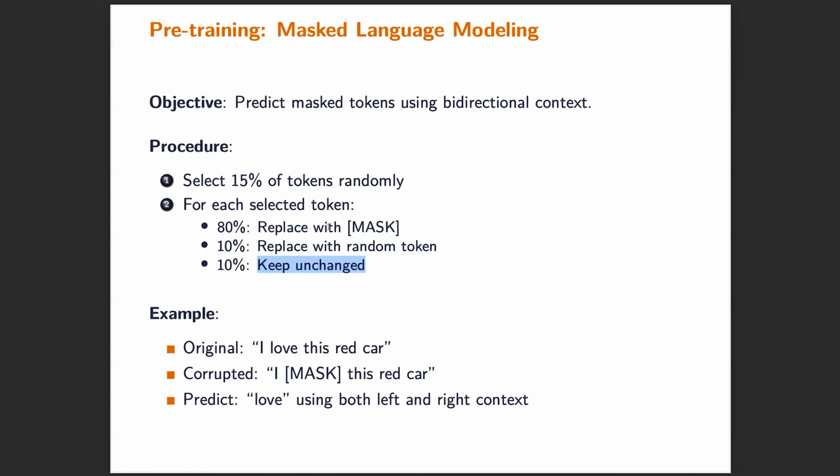So, in summary, the mask tokens force the model to use the context. The random tokens reduce the train-test mismatch. And in conjunction with the unchanged tokens, the model is not sure if a token is correct or random, so it must always be cross-checking it against the context. So that's how we trained the BERT model.